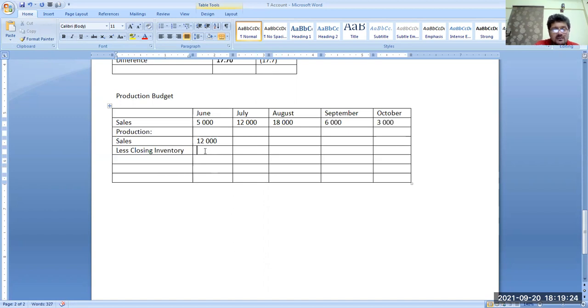Oh, sorry, actually closing inventory is from the following month. So 12,000 multiplied by 20%, 2,400 is the closing inventory.